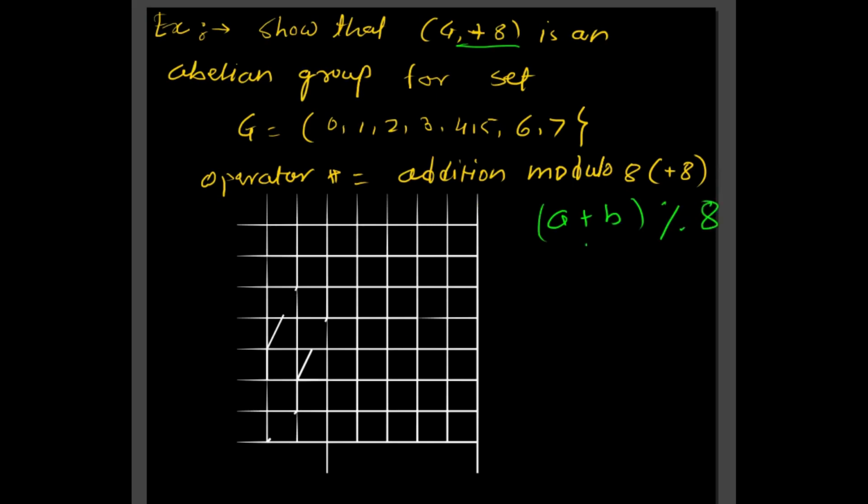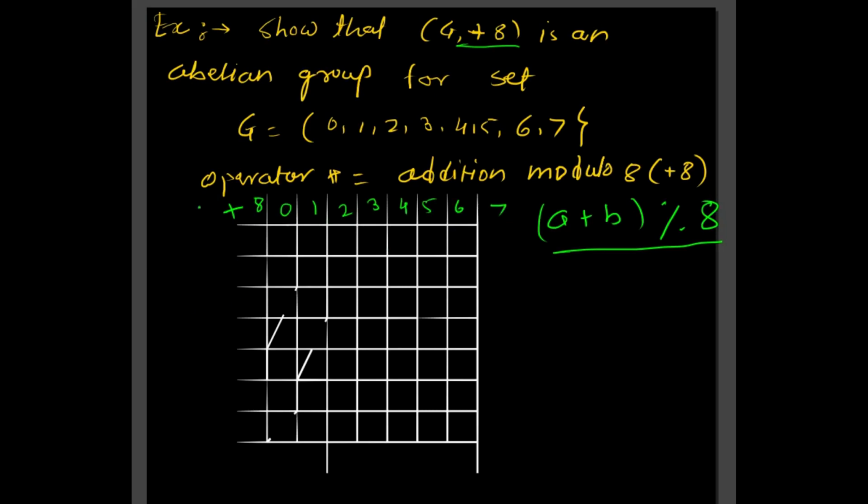So this is the operator, and the different elements are given as 0, 1, 2, 3, 4, 5, 6, 7. Now as this is a finite set, we can write all possible combinations and the results of the operation performed on it. So the operator defined is a plus 8. We write the operator here, and we write the elements 0, 1, 2, 3, 4, 5, 6 and 7 in the columns.